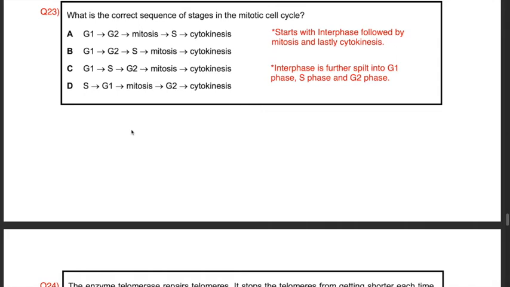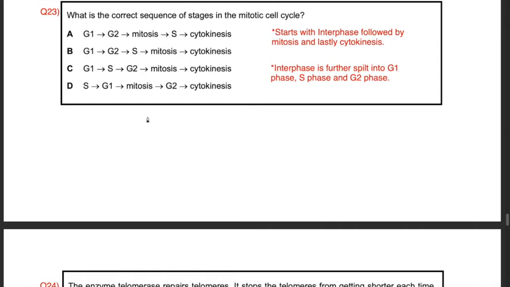It starts with G1 phase, followed by S phase where DNA replication takes place, followed by G2 phase, then comes mitosis, then comes cytokinesis. If they haven't mentioned mitosis, then you should know that mitosis can be further divided into its correct order, which is prophase, metaphase, anaphase and telophase.